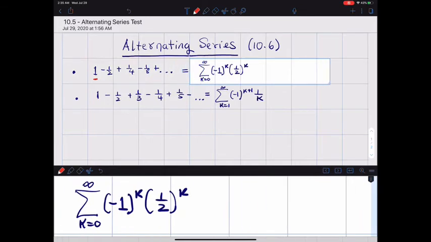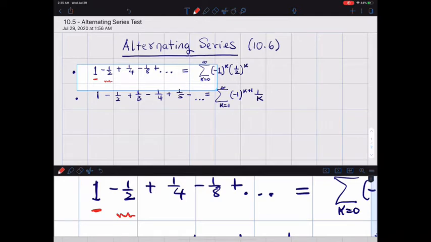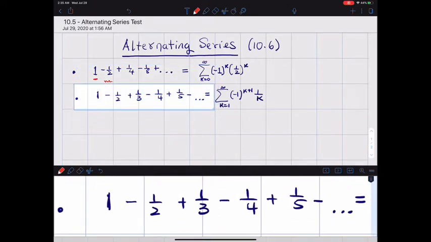All right. When k is 1, then you have negative 1 to the power of 1, which is negative 1, times 1 half to the power of 1, which is just 1 half. So negative 1 times 1 half, you get negative 1 half here, and so forth. Okay. Now look at this series.